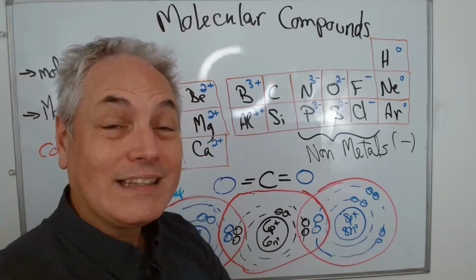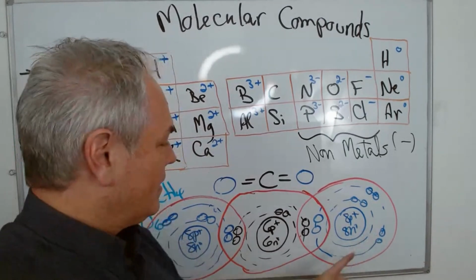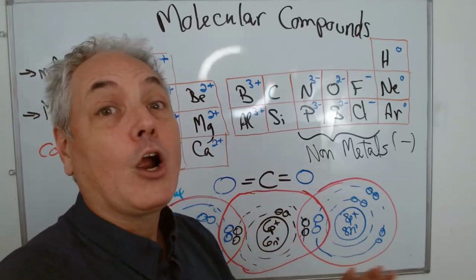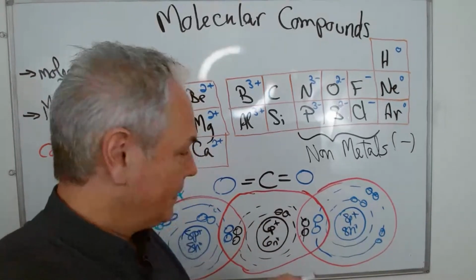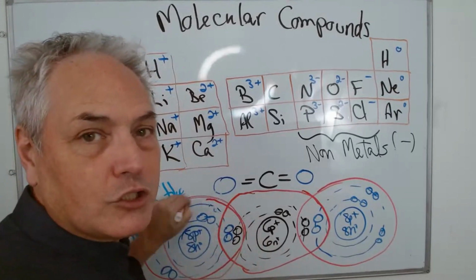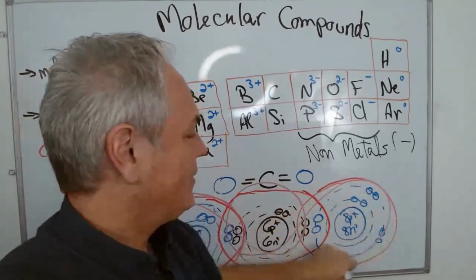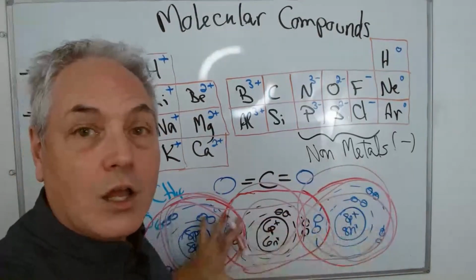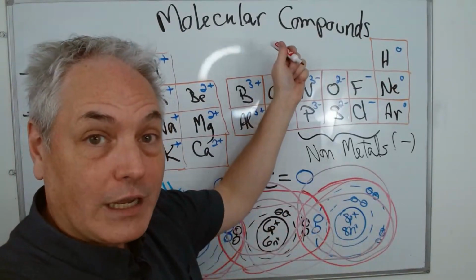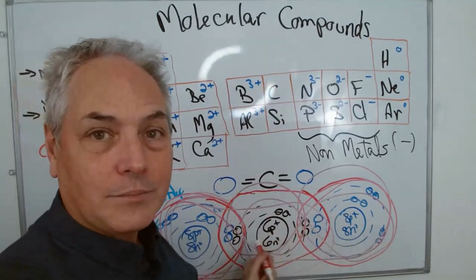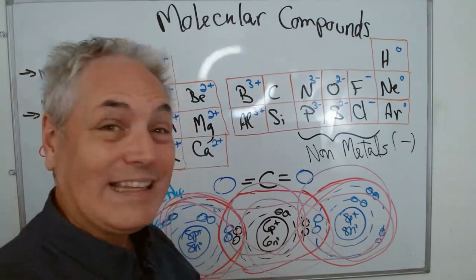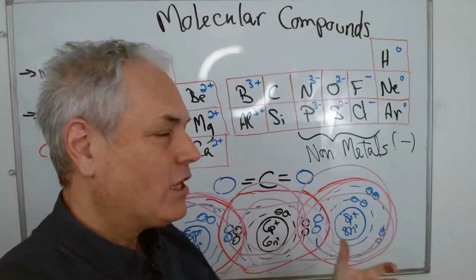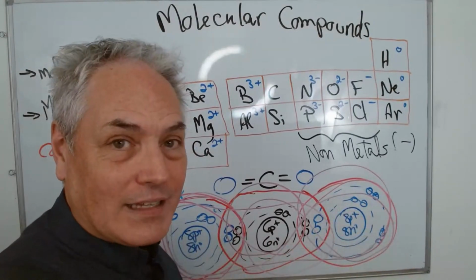Now you have to keep in mind that electrons are going at the speed of light. So when you take a snapshot, you can just see where electrons are, but they are moving all the time. So what will happen is that electrons will be shared like this and shared like this. You end up with a molecular compound where, because the electrons are going at the speed of light, at any given moment, the oxygen, this carbon, and this oxygen will have their 8 valence electrons.